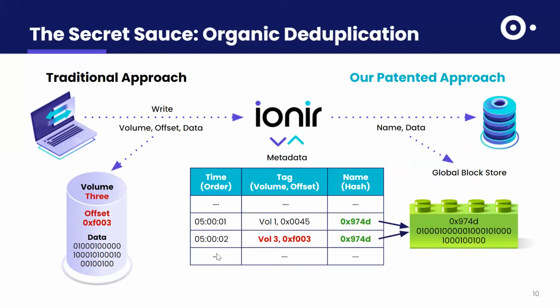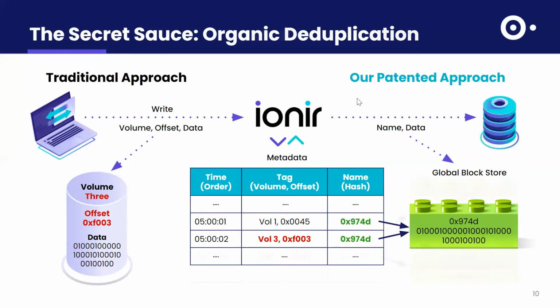So what we do is we make another entry in the metadata library, the metadata database, and we put a pointer in this database to the same block. So we have global organic deduplication. We would never write this block twice. There'd be no reason to ever need to do that. We already have a block that we call 974D that has this particular string of ones and zeros in it. We don't need another one.